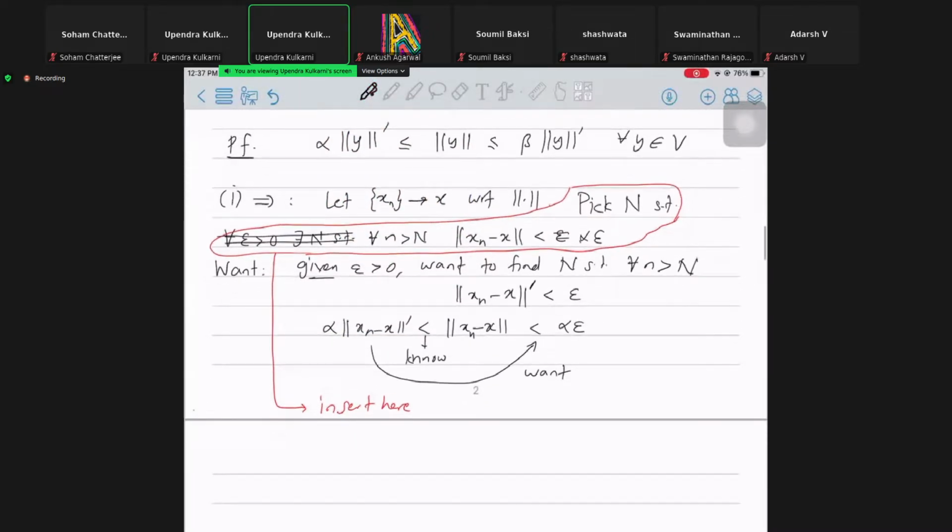And now how do I finish the proof? Actually, no, that's not there.